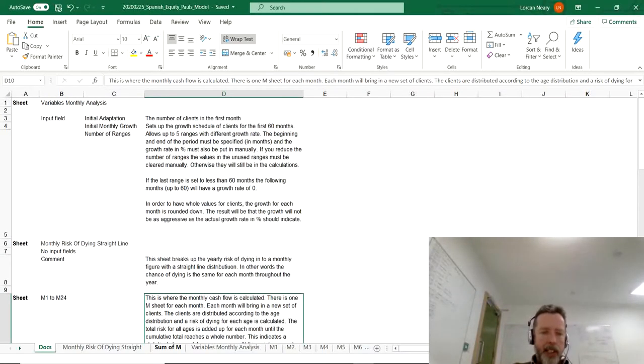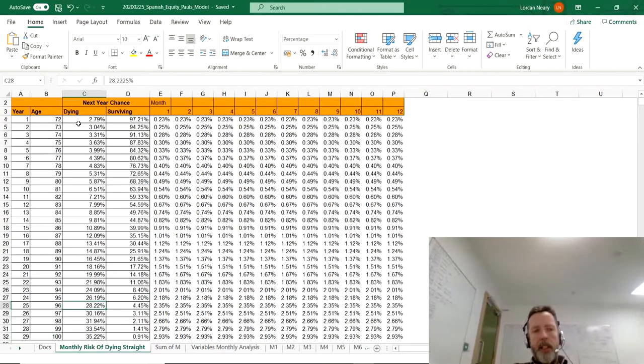The model was originally based on looking at a cohort of 72-year-olds who would join and seeing how those people's chance of dying over the course of the 30 or 29 years to 100 would affect cash flows.